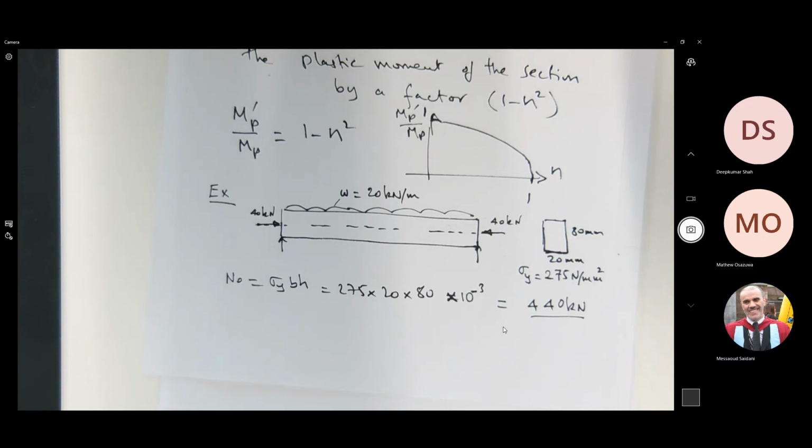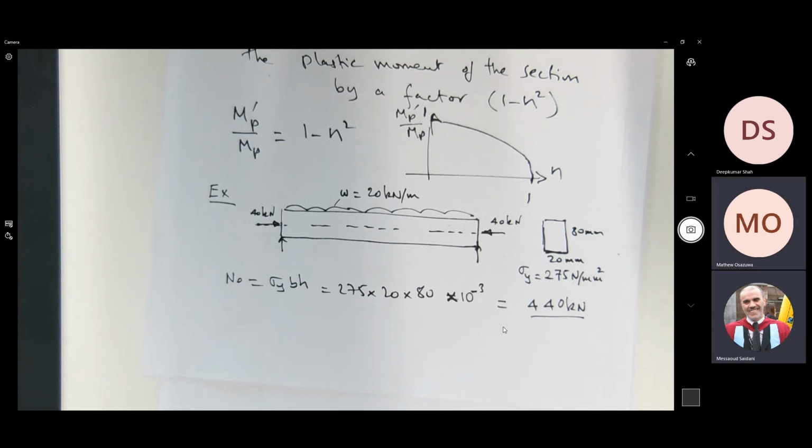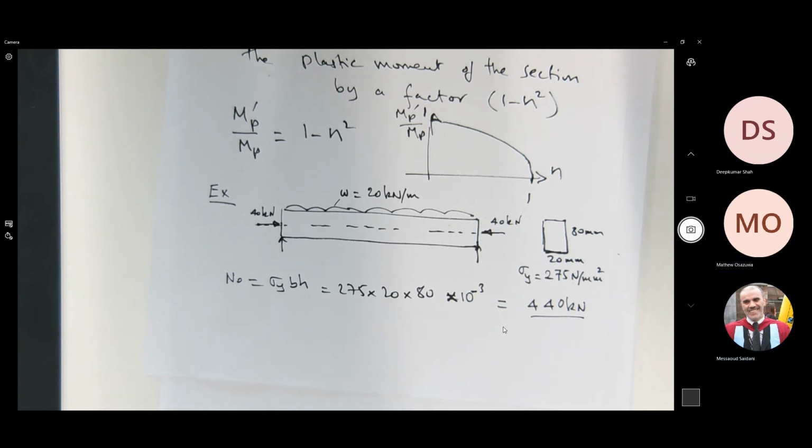We need H1. You do it step by step. Look at the equations. Do we know N?